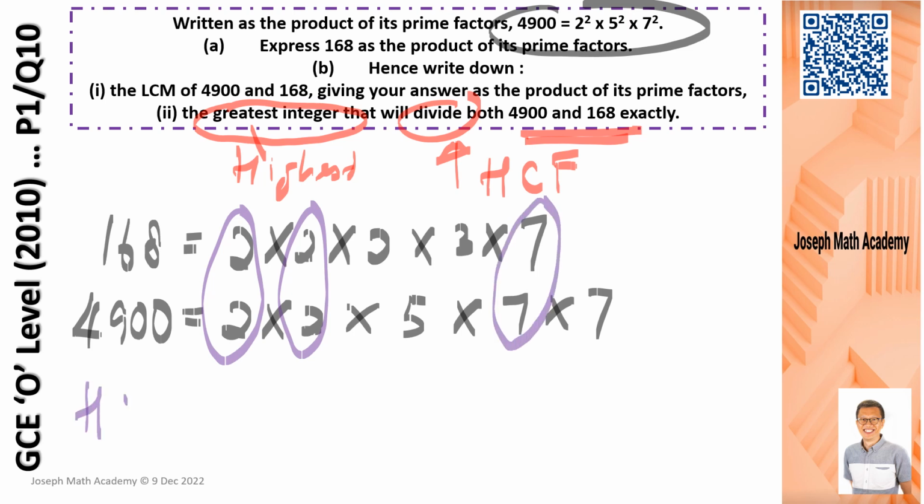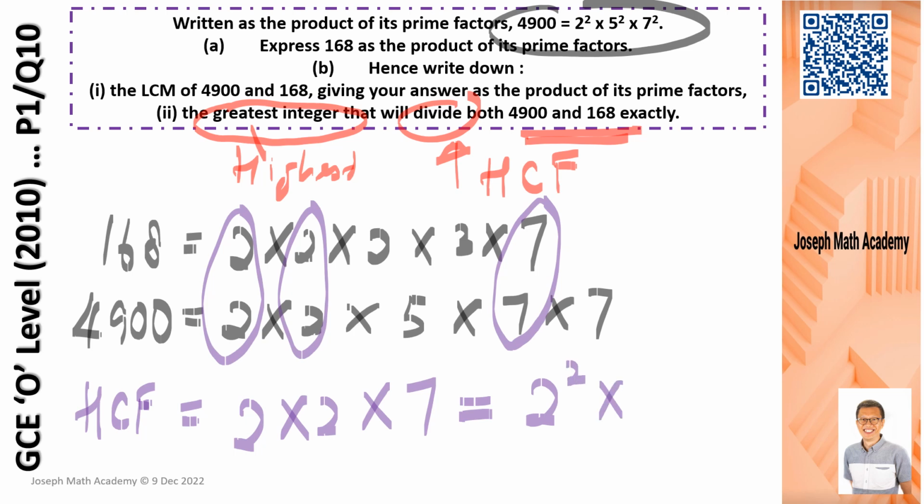So the HCF of 4,900 and 168 is 2 to the power of 2, let me write down nicely, so 2 times 2 times 7. We write down the common circled numbers. This can be written in index notation as 2 to the power of 2 times 7.